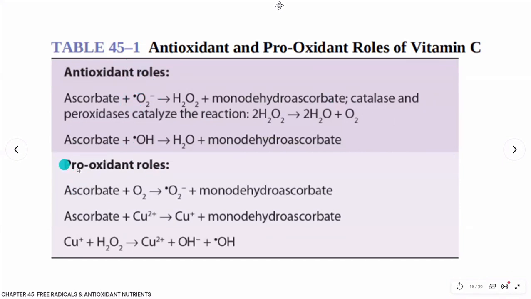Pro-oxidant roles: ascorbic acid plus oxygen, you form superoxide radical and monodehydroascorbate. Ascorbate with free copper, you form now a hydroxyl radical.